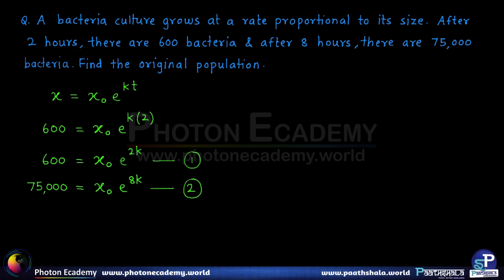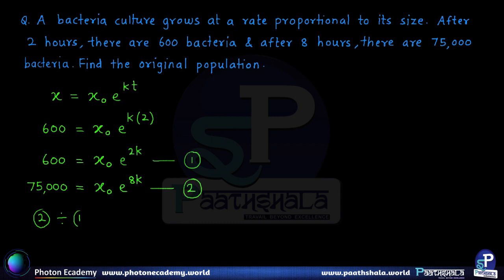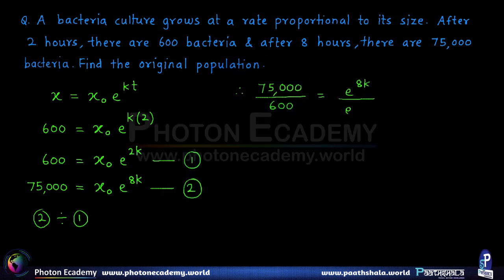So now to get hold of x0, we have to first calculate k or some term in k. So therefore here we will divide the second equation by the first equation. As you can see, that is an easier approach. So that we will get 75,000 divided by 600 to be equal to e raised to 8k upon e raised to 2k, because x0 will get cancelled.